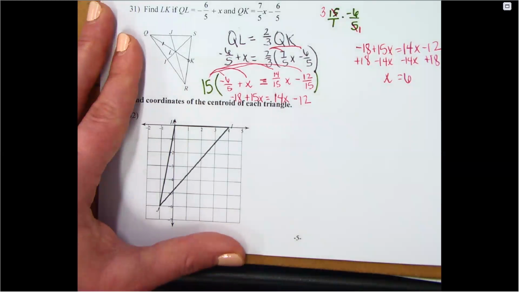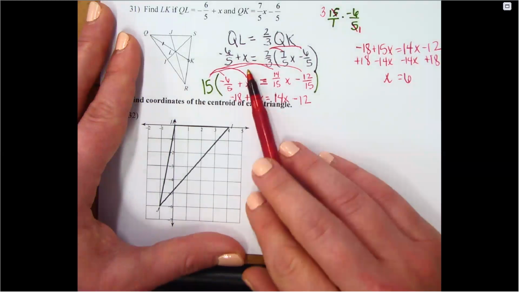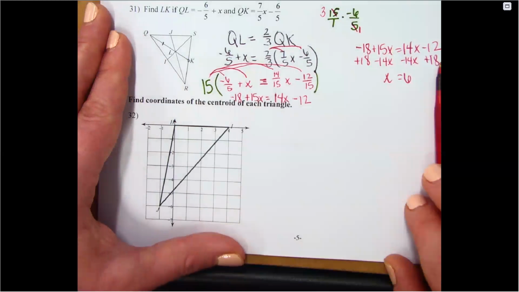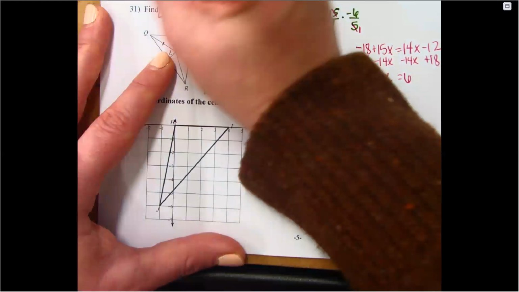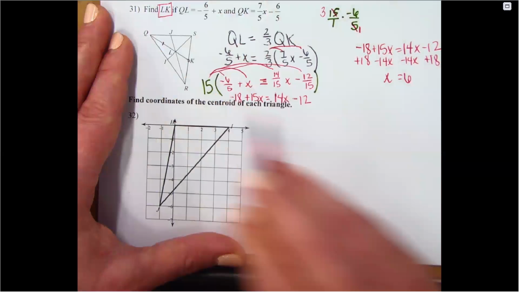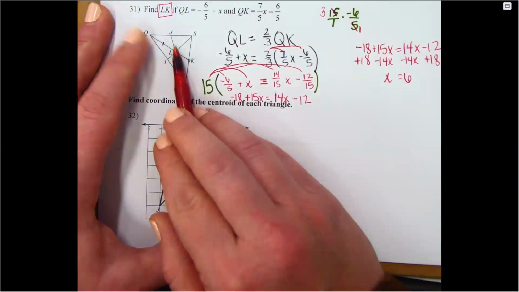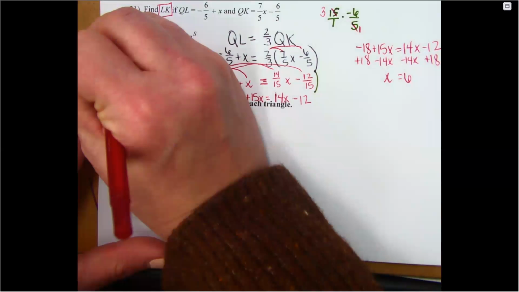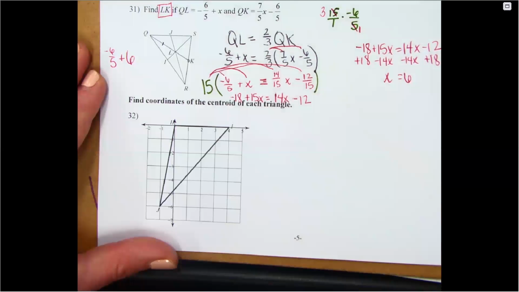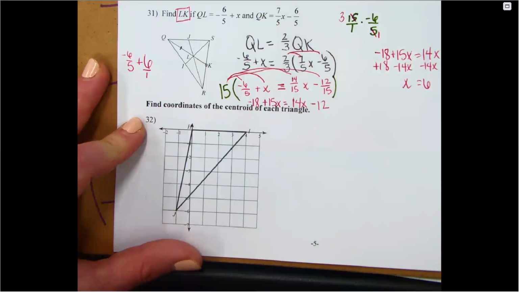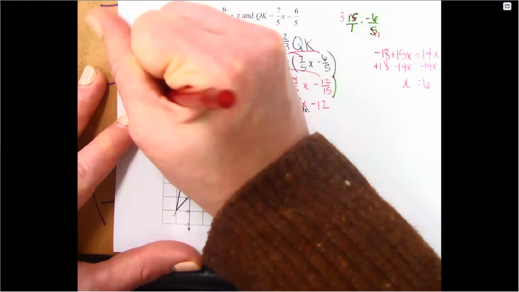Now the question wants to know what LK is. To find LK, we need to find QL and cut it in half, because it's double LK. QL is negative 6 over 5 plus x, and we found x is 6. I'll put 6 over 1. To do this without a calculator, you need a common denominator: negative 6 over 5 plus 30 over 5, since 30 divided by 5 is 6.